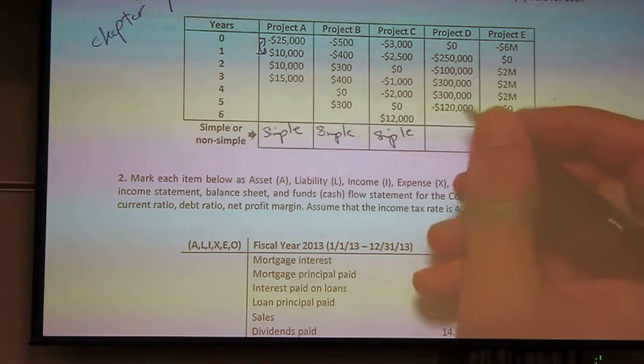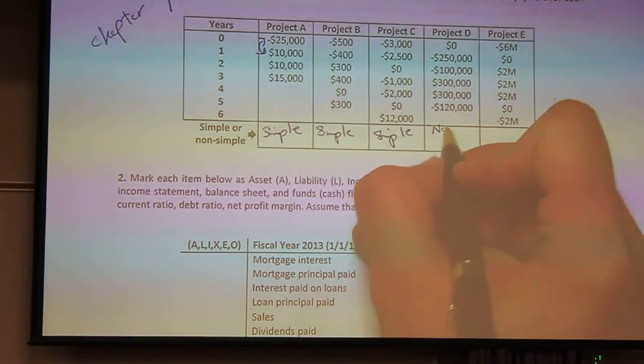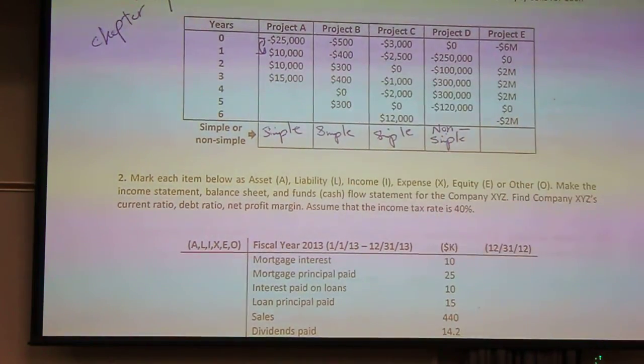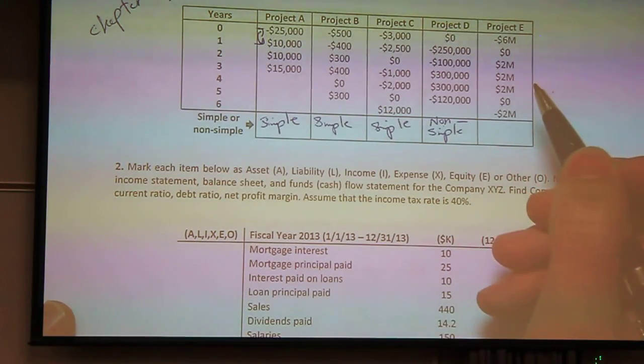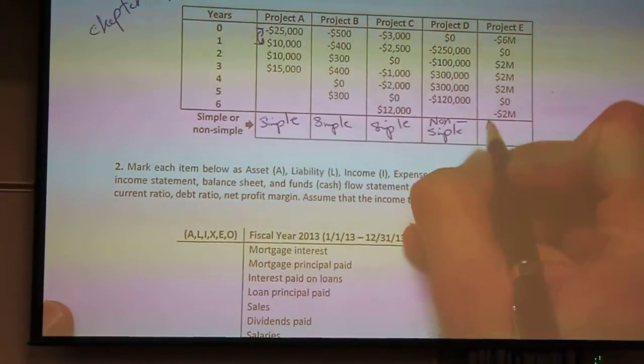Project D. This is definitely non-simple. And the last one, non-simple. Why? 2 sign changes.